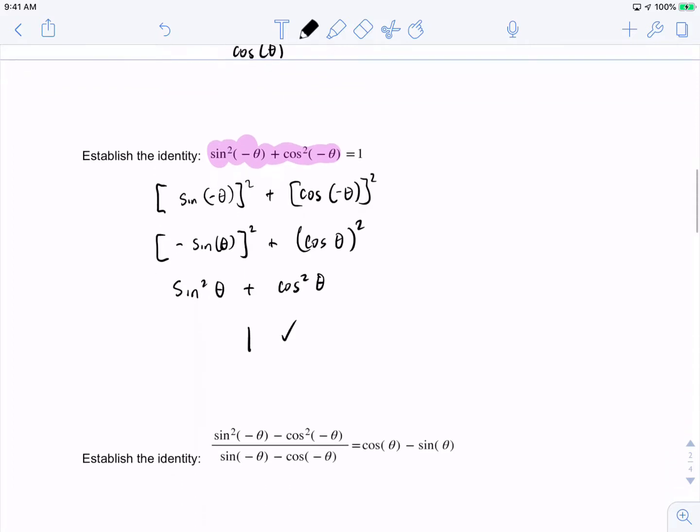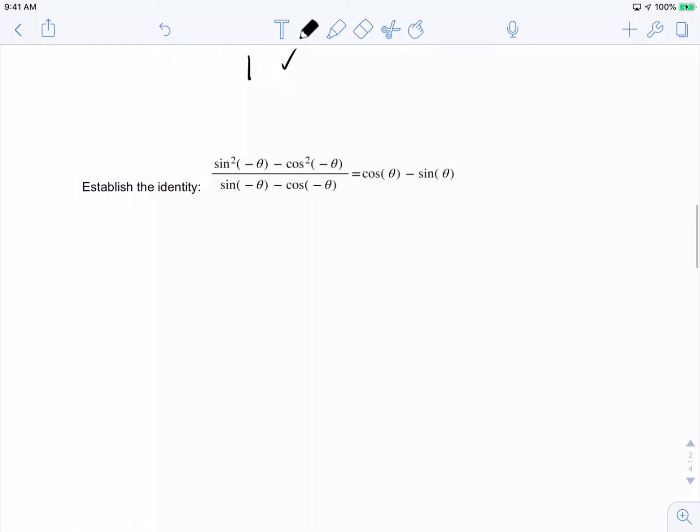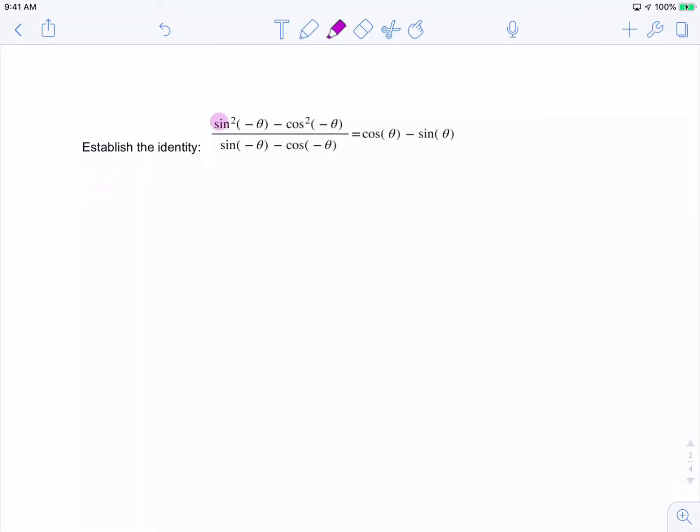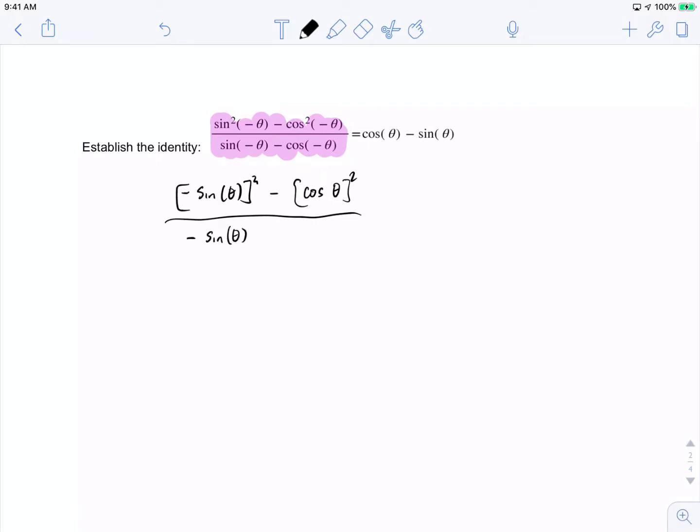Okay, our next example of an identity, and again, I will be working with this side to show that it is the other side. Demonstrating, I'm going to go negative sine of theta squared minus cosine theta squared, that's going to be the numerator, over the denominator, negative sine of theta minus cosine of theta.